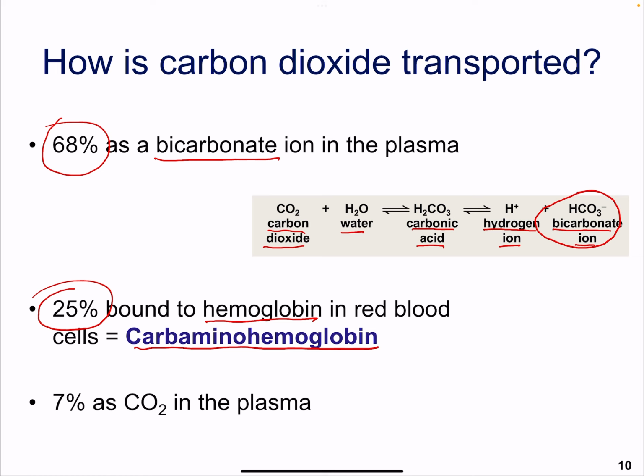And then finally, you're going to have a very small fraction of carbon dioxide that is present in the blood in the form of gas. That is about 7% of carbon dioxide that is present in the plasma. That is the very reason why whenever we grow human cells in a lab, we can never grow human cells without carbon dioxide.